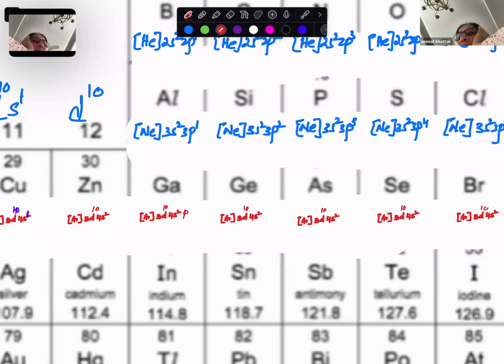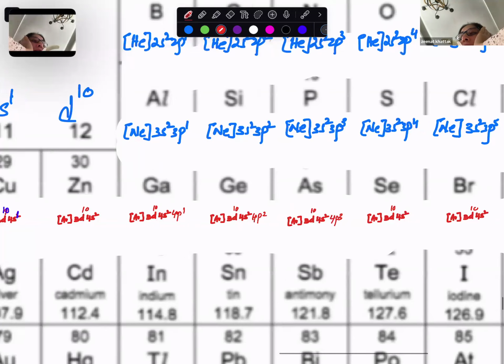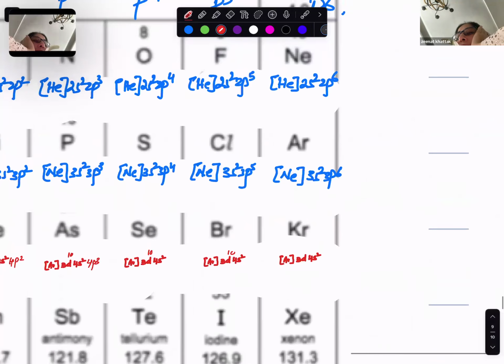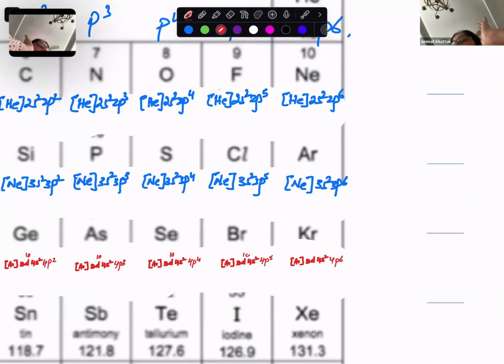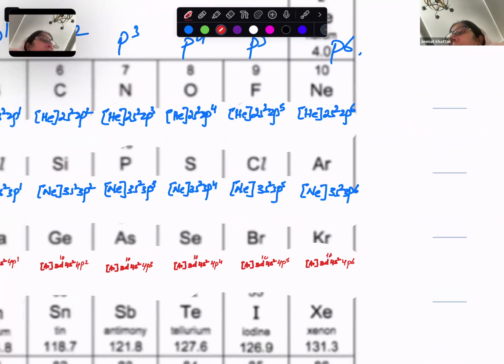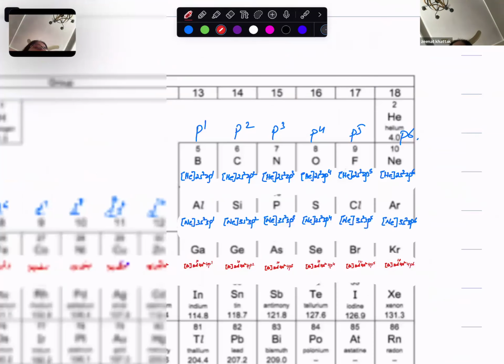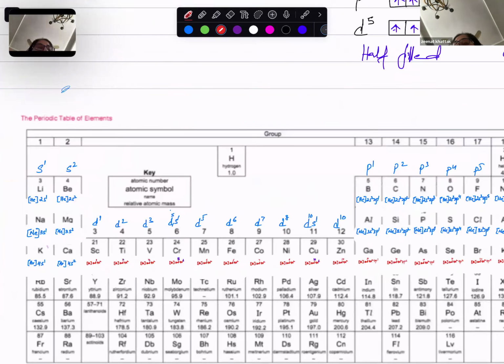And you have to write 4s2 4p1, 4s2 4p2, 4s2 4p3, and then 4s2 4p4, 4s2 4p5, 4s2 4p6. Right? It's almost the complete configuration.